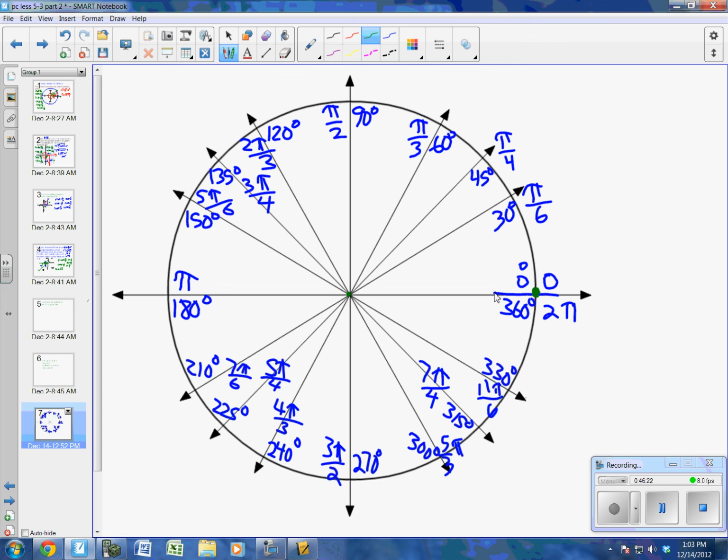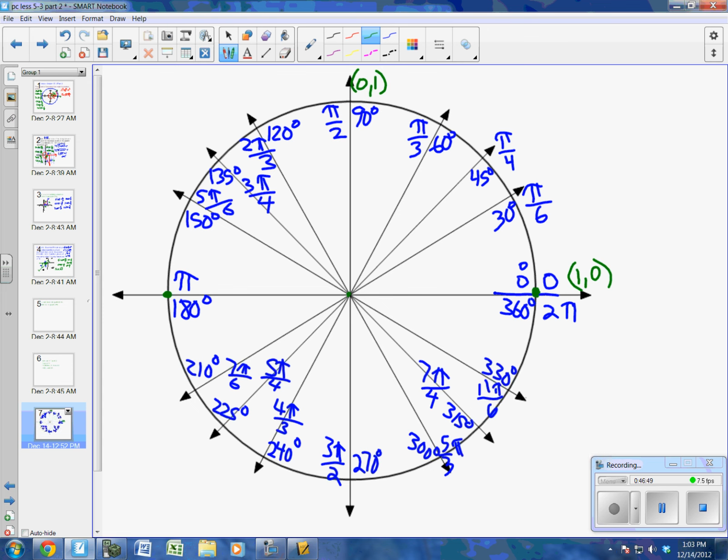And how far up and down do you go? 0. So this is (1, 0). Let's go around to all the axes and do them. What about this one? Going up here, 90-degree angle. (0, 1), right? Because you went nowhere left and right, and then you went up 1 unit. So the x distance was 0, the y distance 1. Okay, next. Down here.